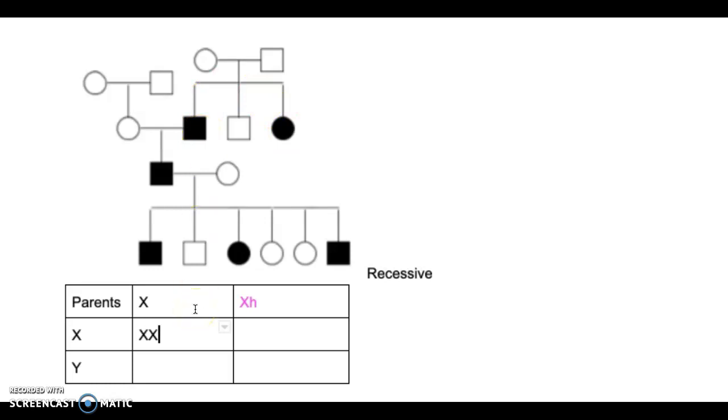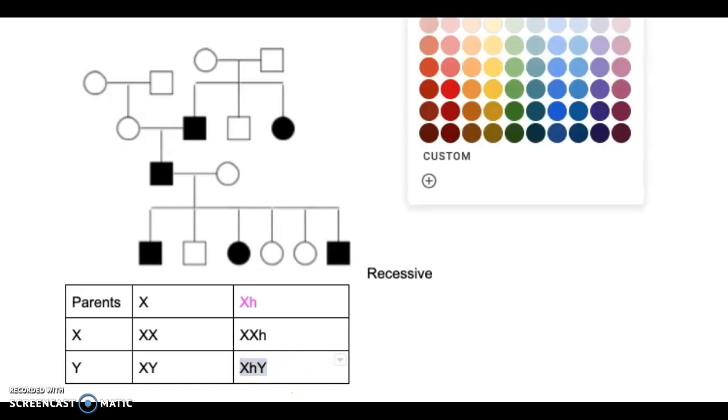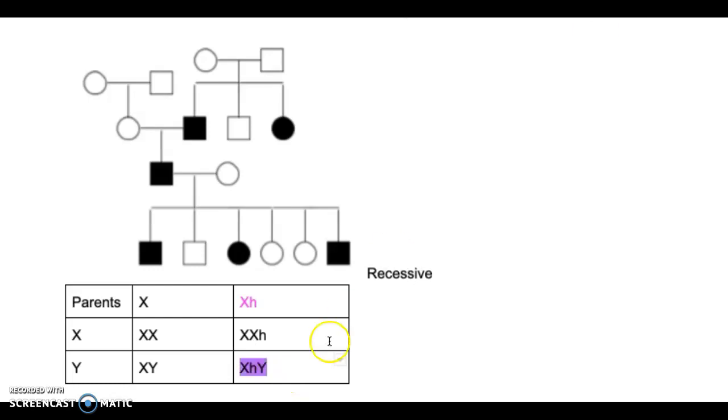So XX, daughters should come out fine so far. XXH, XHY. Okay. So it is possible to have a son that is infected, and that has happened, but not all sons will be infected, so that's promising.